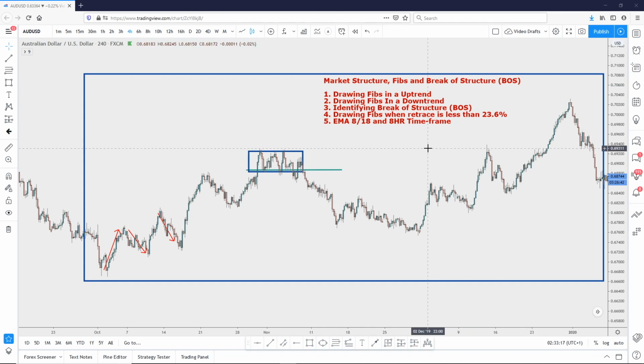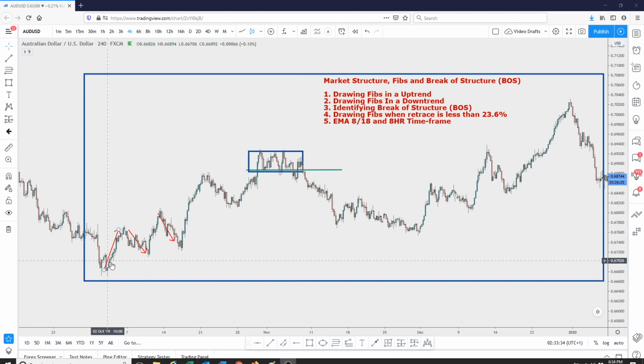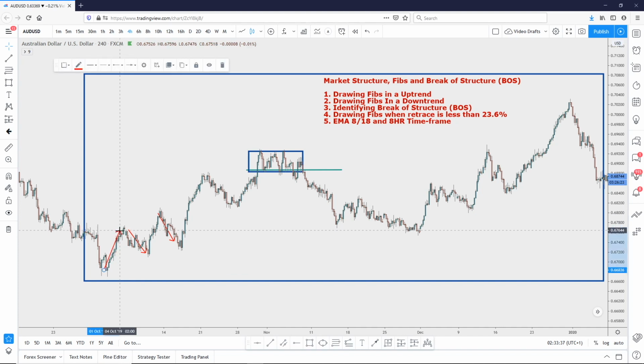Okay, so first, I wrote it down because I don't want to forget anything here. We're going to just walk through drawing Fibonacci on an uptrend. So let's first look at the charts here. This is an uptrend. You can see an uptrend forming.